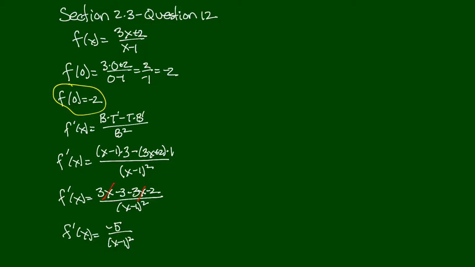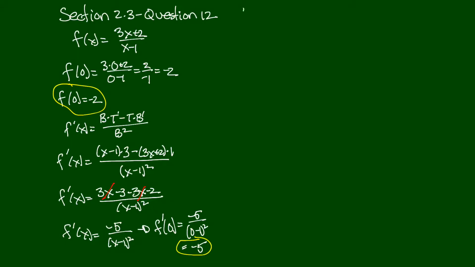There's our derivative, but we really want the derivative at 0. So what is f prime of 0? We get negative 5 over 0 minus 1 squared, which is just negative 5. So f prime of 0 is negative 5.